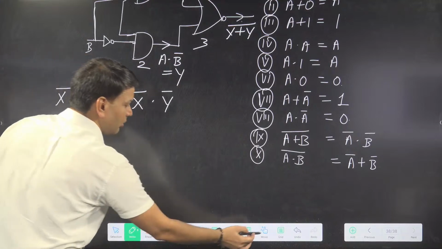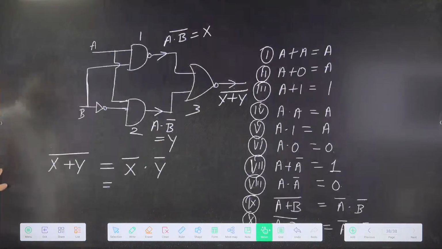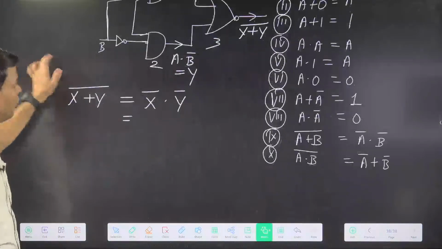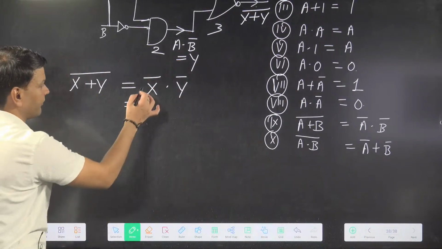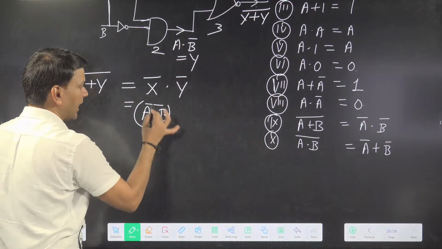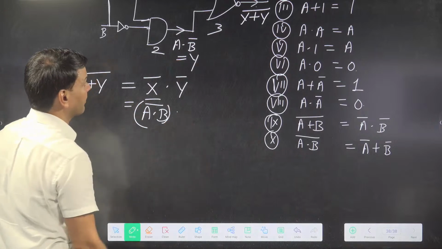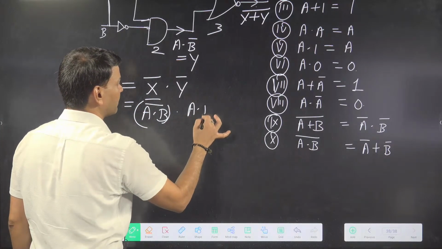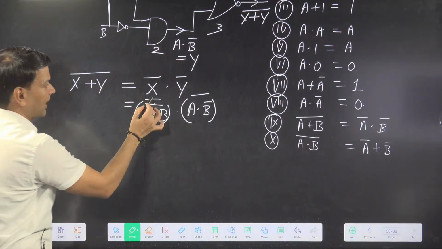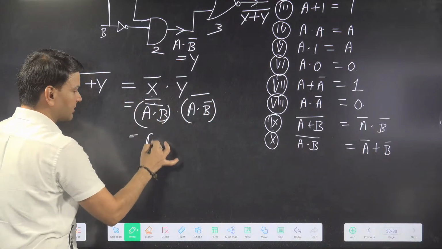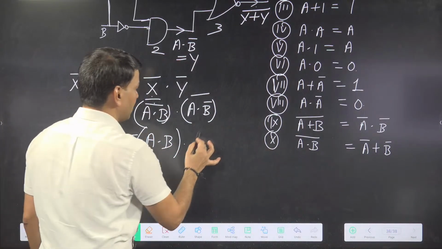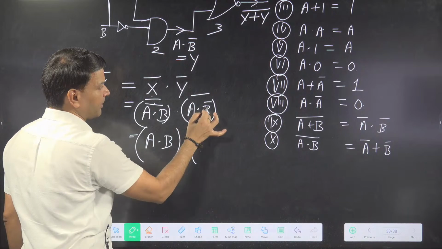What is X now? X we have taken as A dot B whole bar, and again you have to take the bar. So if I put the value of X now, A dot B whole bar, this is the X and whole bar. Dot, what is Y? Y is A dot B bar and its whole bar. Okay. Now bar and bar, even times of bar, get cancelled out. So what we got? A dot B. And here what we got? A dot B bar whole bar.